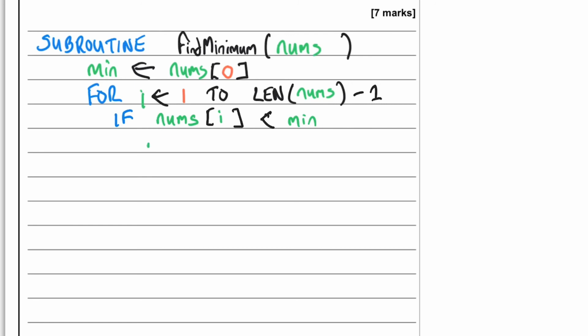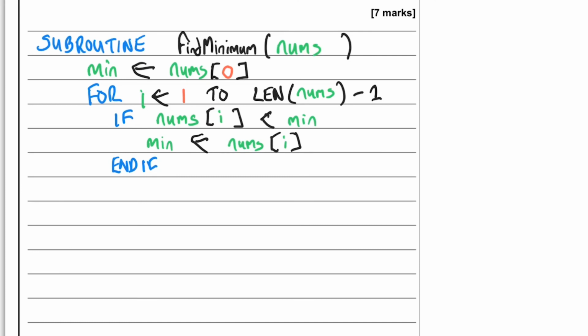So we say min is now being updated to nums at position, square brackets, at position I. And then we'll end the if. If it's larger, well, then we won't do anything. So we'd make it go.